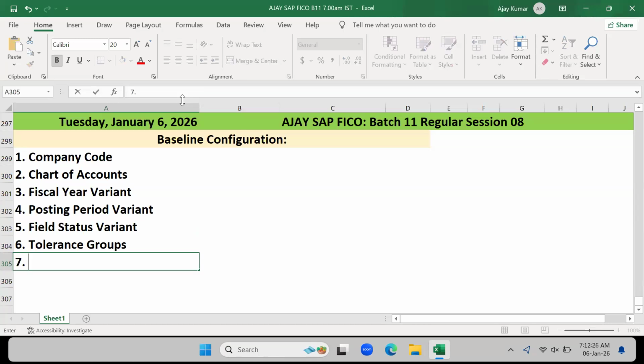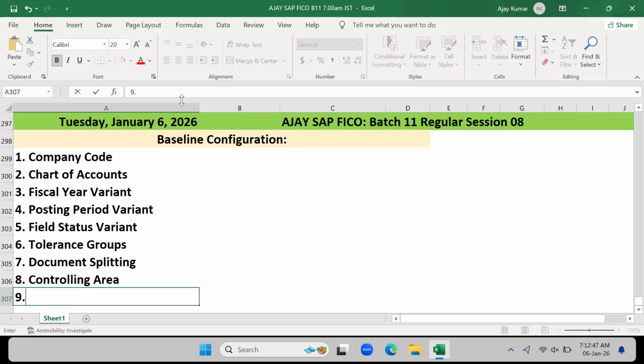Seventh one, document splitting. Eighth one, controlling area. Ninth one, tax procedure.